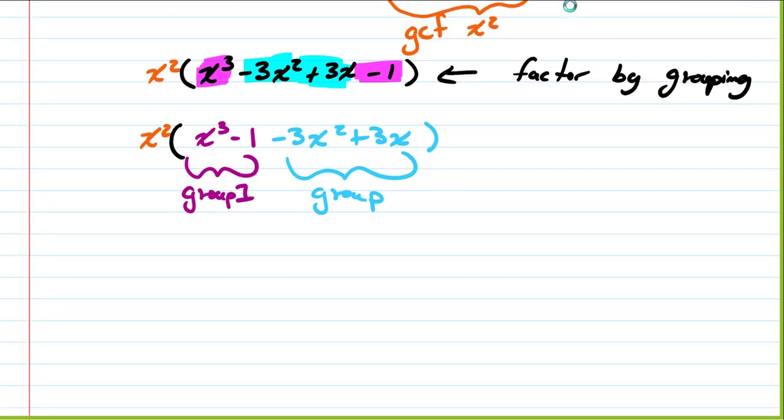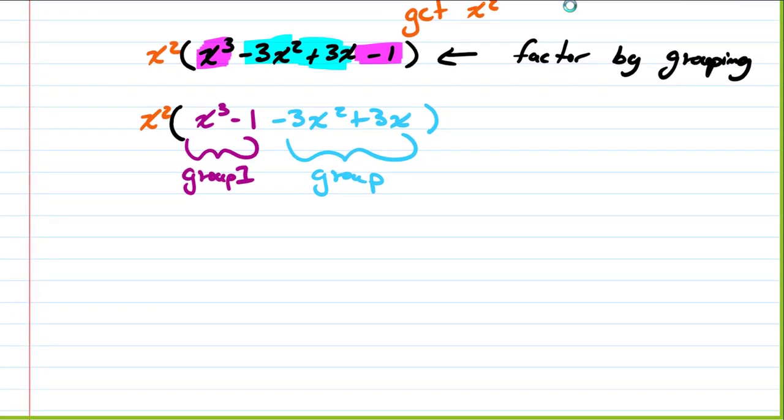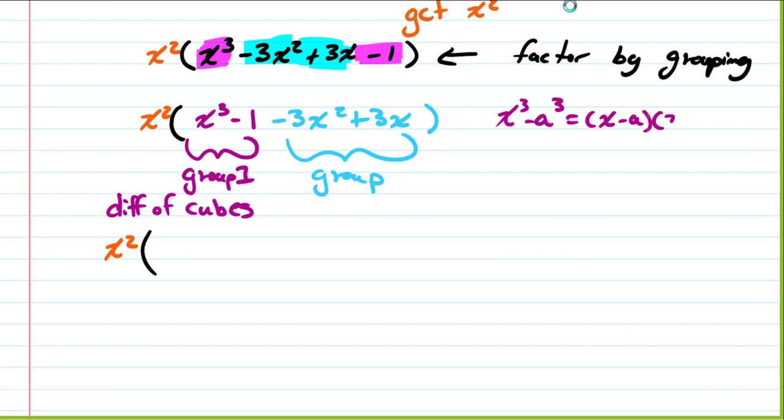So we need to factor each of these. So group 1 is one of our special forms. It is the difference of cubes. And just to remind us, the difference of cubes formula is if I have x cubed minus a cubed, this factors into x minus a times x squared plus ax plus a squared.